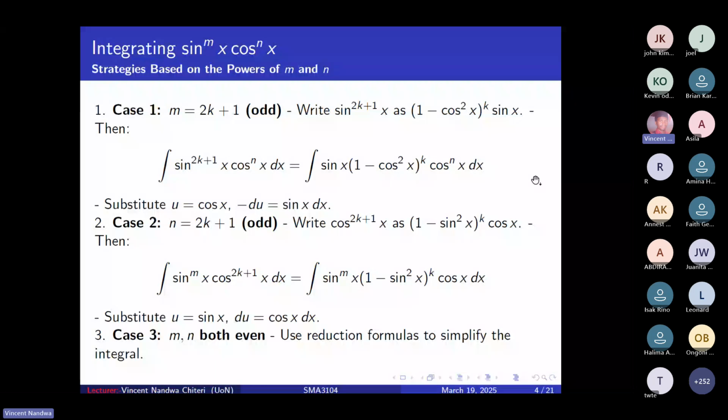Then the even power part is the one that will help you now to use the identity cos squared plus sine squared equals 1. And then you retransform your integrand as a function of sine and cosine.